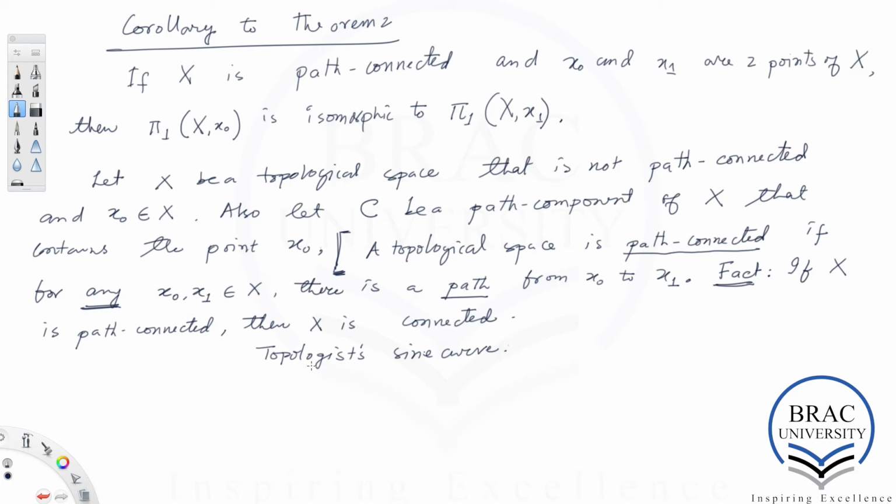Okay, so here A denotes the set of all ordered pairs in R2 such that the first coordinate is positive and the second coordinate is given by the function y is equal to sine 1 over x.